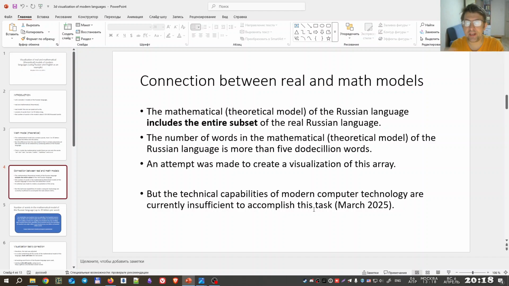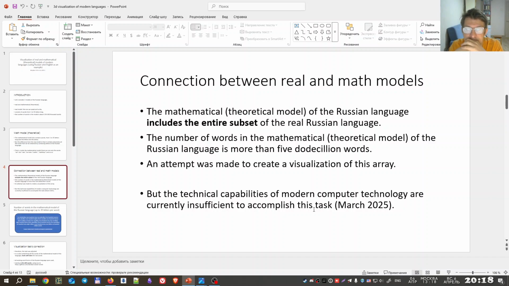Let's find the connection between the real model and the mathematical model. First of all, the whole amount of words in the Russian language is a subset of the real language included in the mathematical one, as you can see on the page.